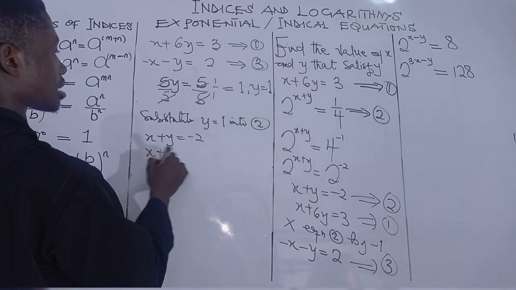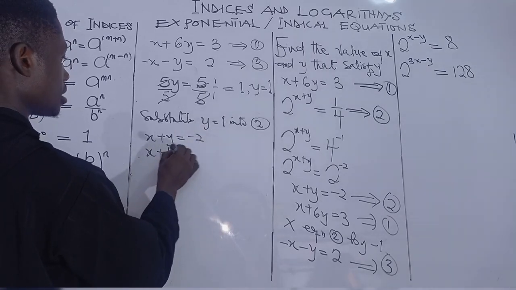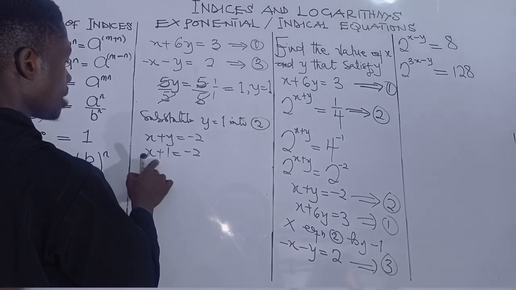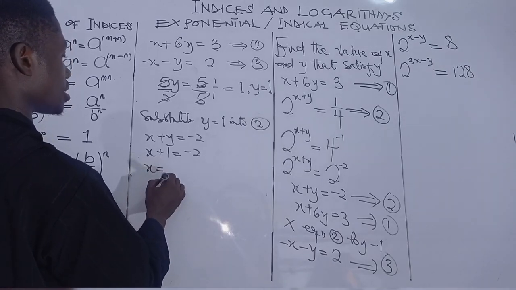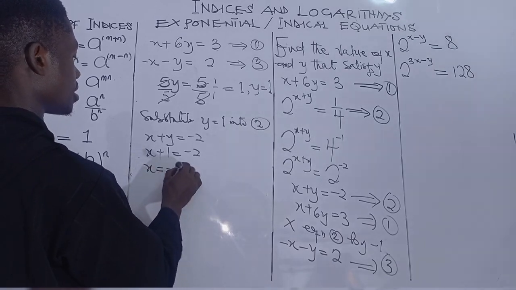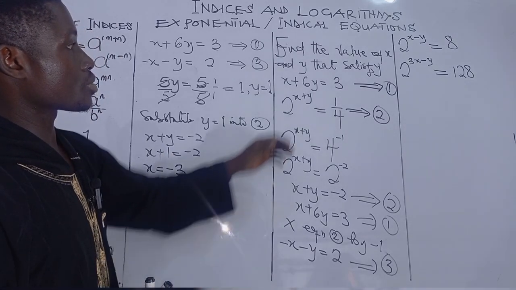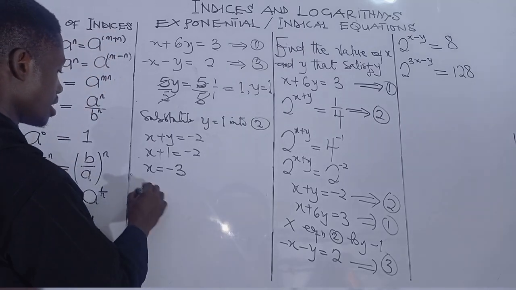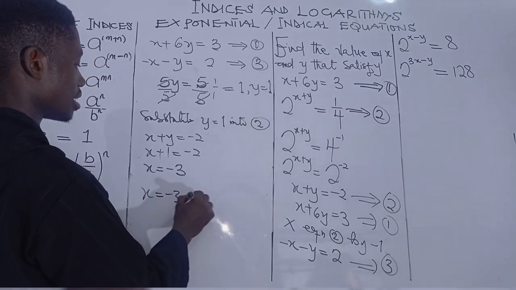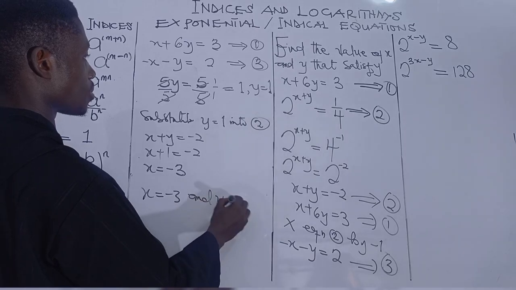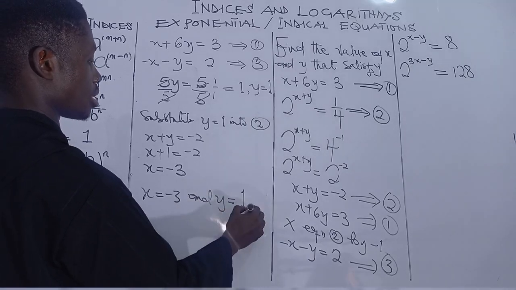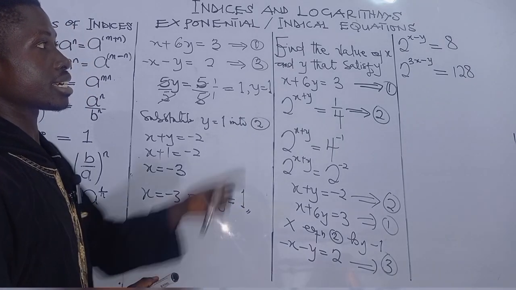We have x plus 1 is equal to negative 2. We are looking for x, so we have x is equal to negative 3. So the values of x and y that satisfy these two equations are x equal to negative 3 and y equal to positive 1. Let's look at our next example.